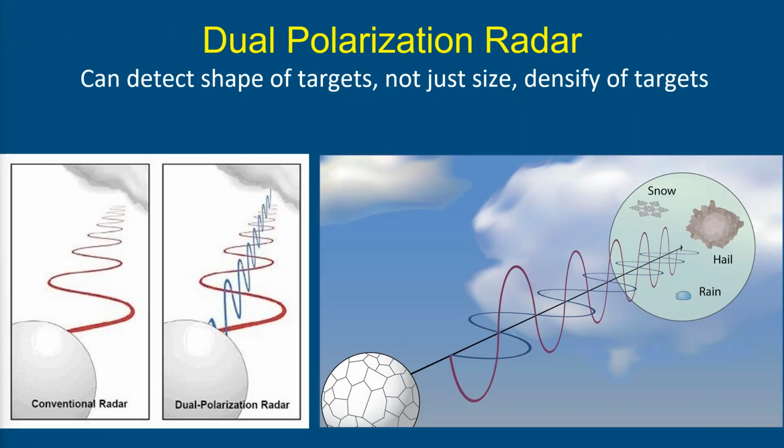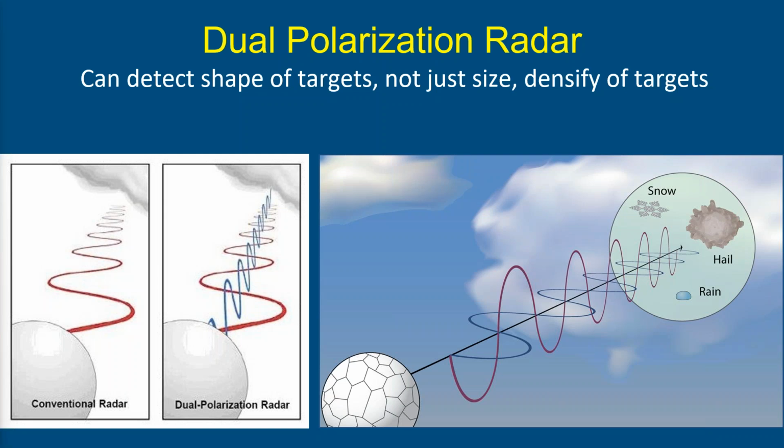There are other radar products that we haven't covered that are now available with the advent of dual polarization. Our radar underwent an upgrade, I believe, in about 2014, where beforehand, if you look at the left-hand side where it says conventional radar, the beam essentially would be oriented horizontally, peaks and troughs.